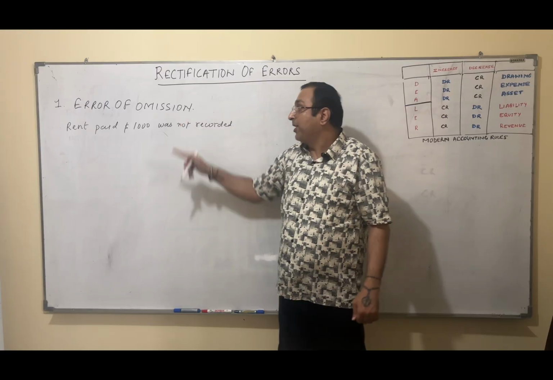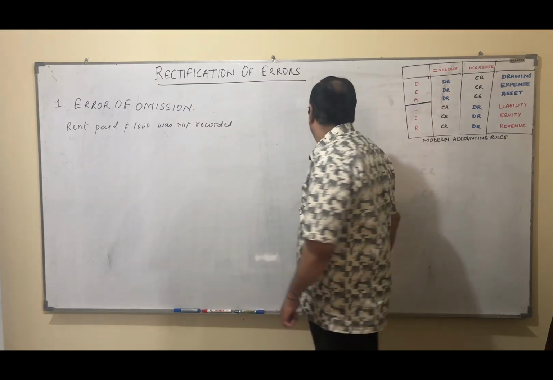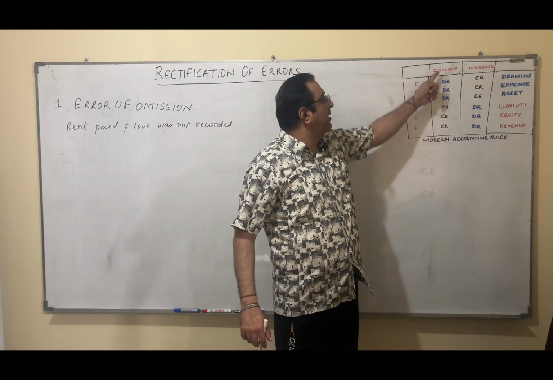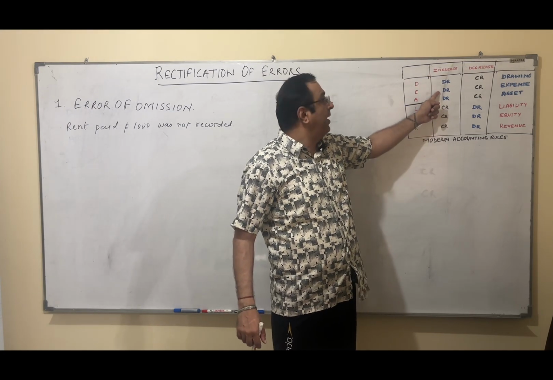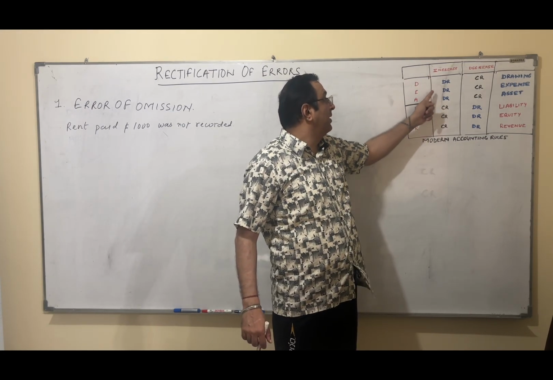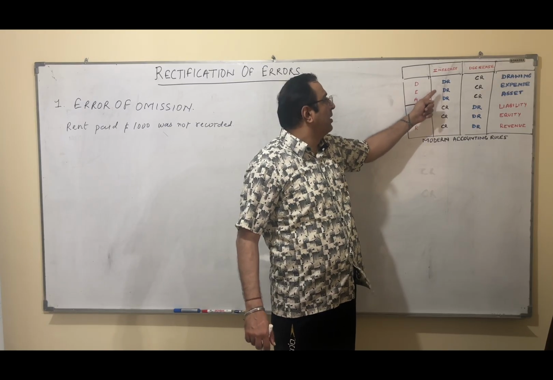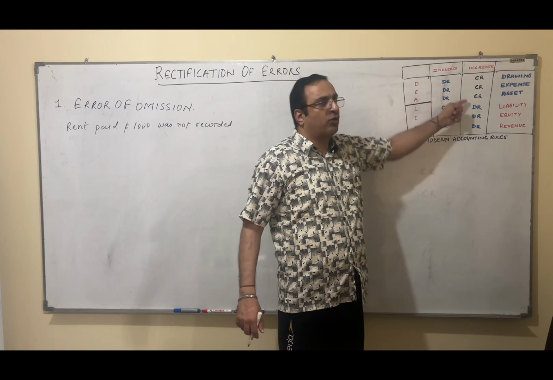So, when we pay, expense increases. We discussed the modern rules of accounting, we can see expenses increase is debit, right? And cash is an asset. Asset decreases. Why? Because we are paying cash. So rent will be debit and cash will be credit.